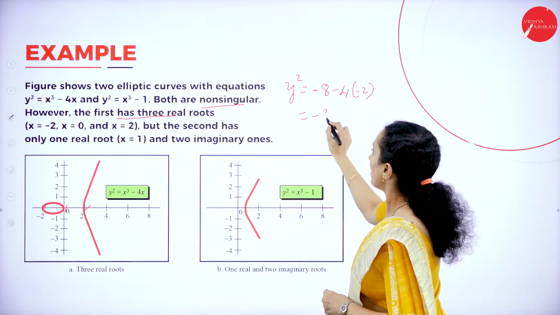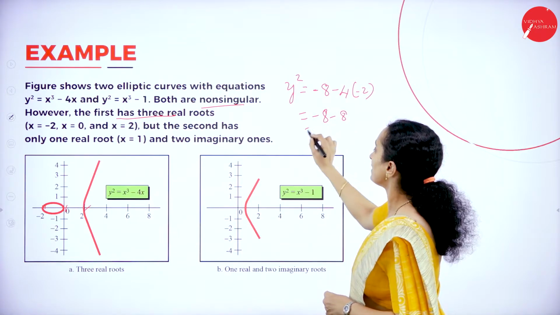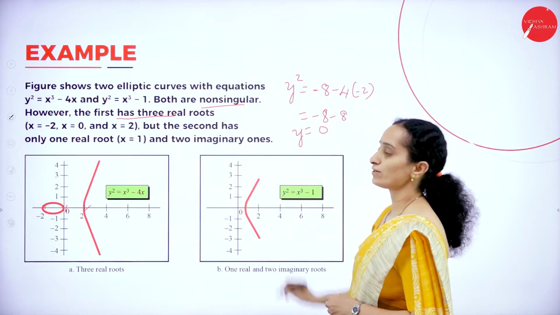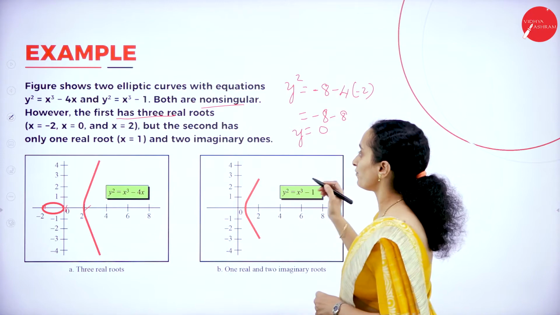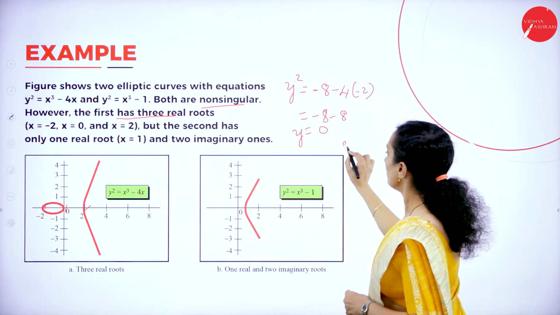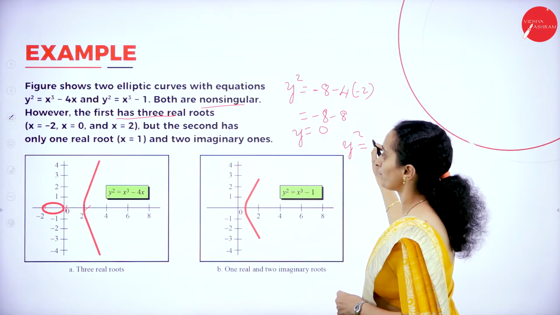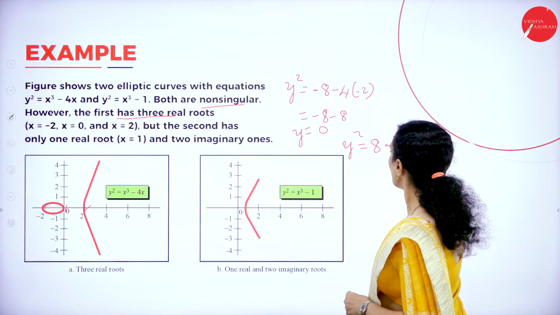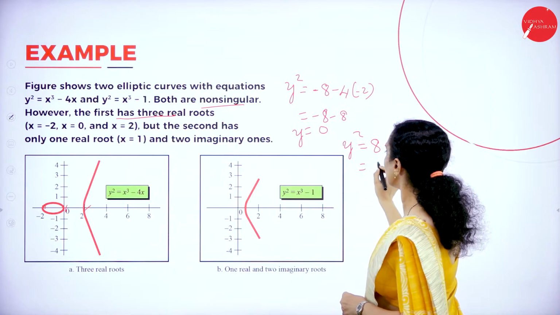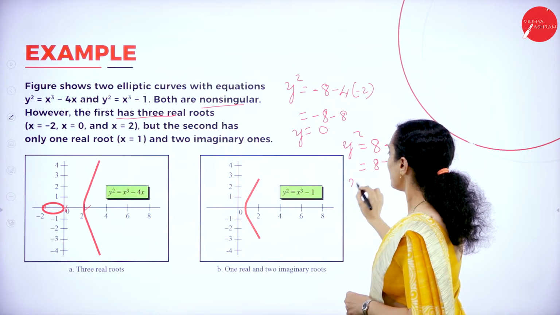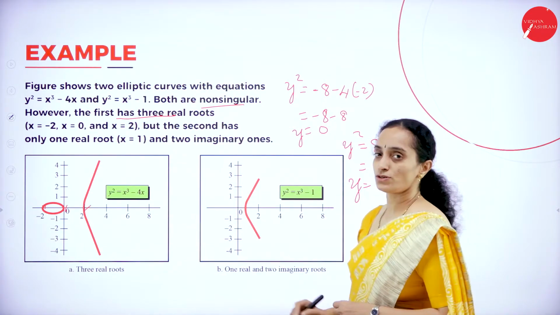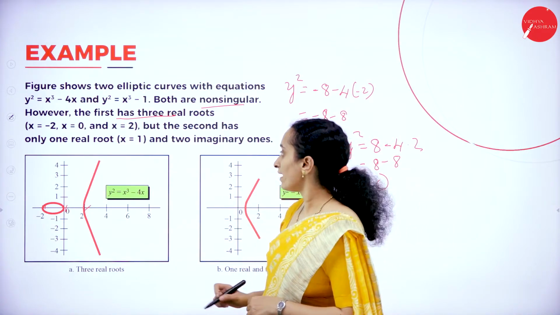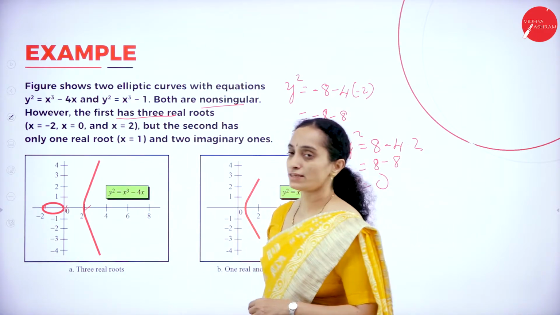We take −8 + 8, it is 0. Y is equal to 0. And if you take 2, y² = x³ − 4x is 8 minus 4 into 2, that is 8 − 8. Again, y is equal to 0. So all the values have y equal to 0.